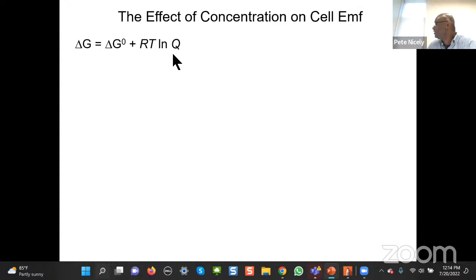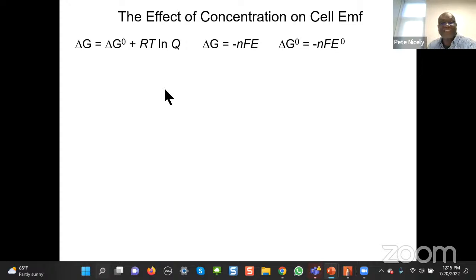Remember, Q is the reaction quotient, T is the temperature in Kelvin, R is the molar gas constant, and delta G standard, of course, would be the standard free energy change, and delta G would be the free energy change at any particular point in time. Now, we already met these two equations here and here. So what I'm going to do is substitute minus nFE for delta G here and minus nFE standard for delta G standard here.